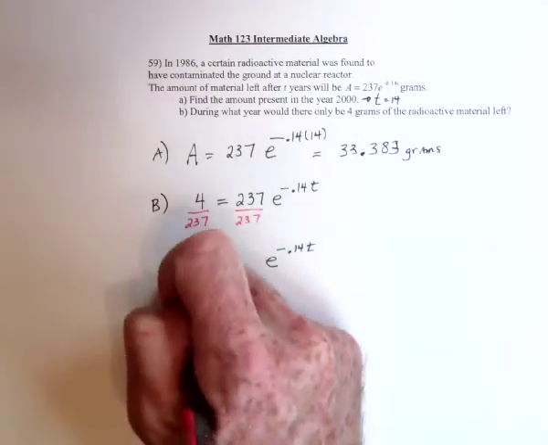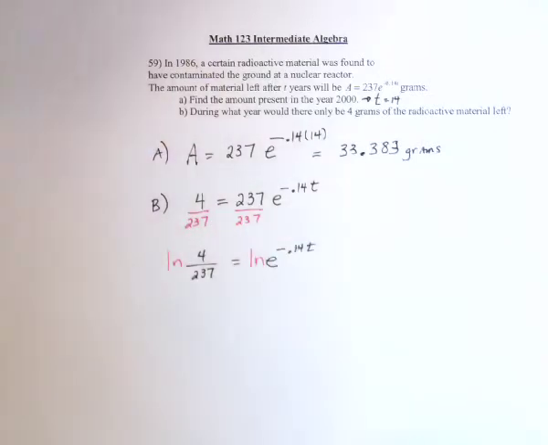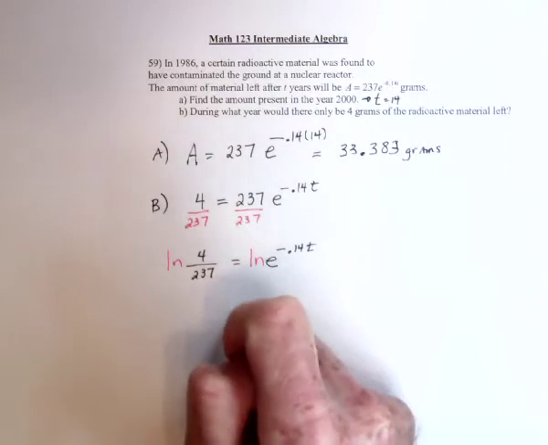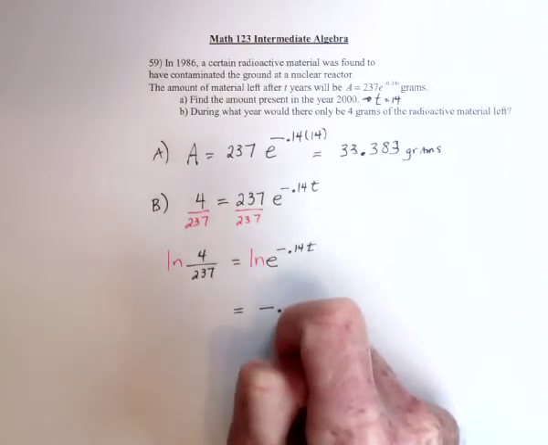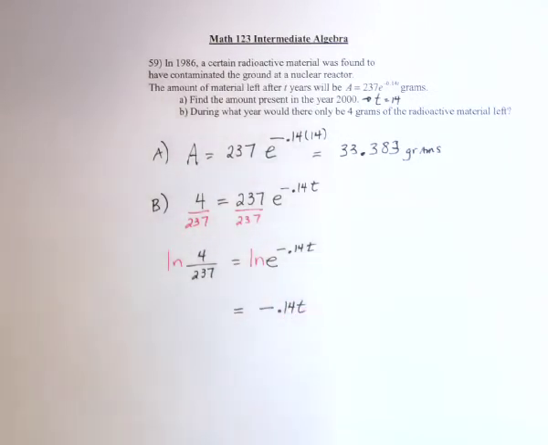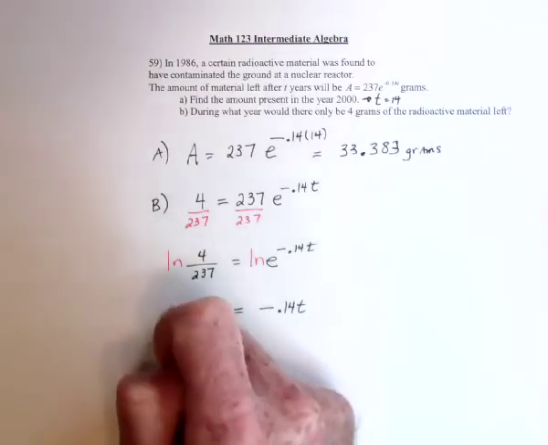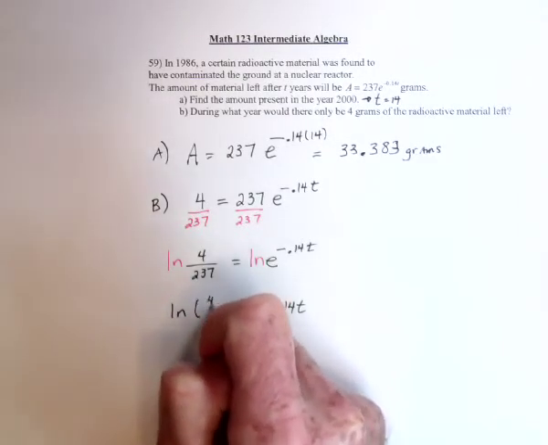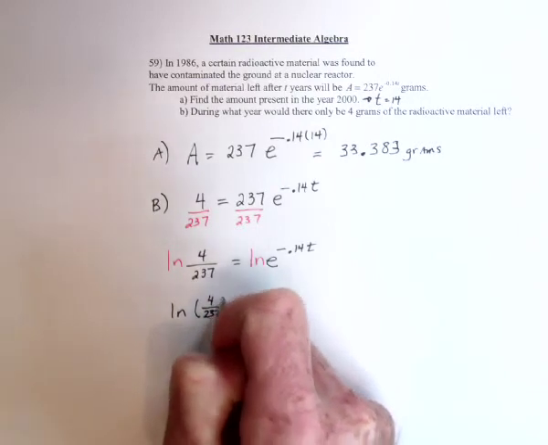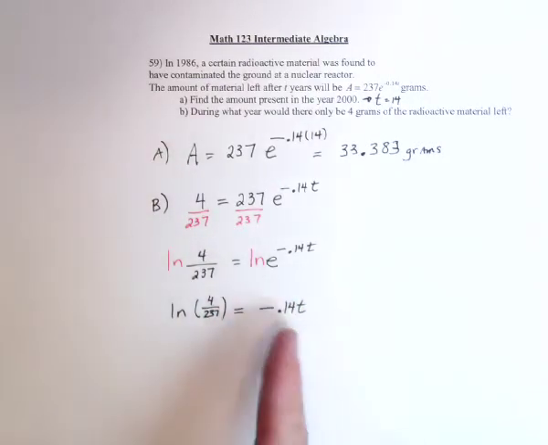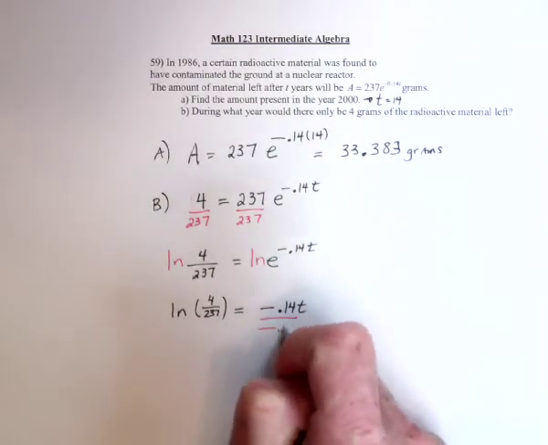Now, take natural log of both sides. The natural log and the e are inverse operations, so they cancel each other out, leaving us just negative 0.14 t. On this side, natural log of the fraction. And then we just need to isolate the t, so divide both sides by the negative 0.14.